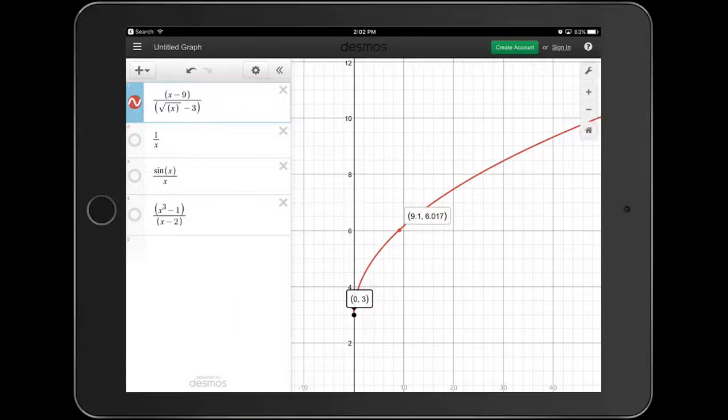So if you look at that, it's very clear that whether you're going from the left bound or the right bound, you do have a missing point there that's undefined, but that point would make sense at 6 if it wasn't undefined. So as you get closer and closer to 9, the y value is getting closer and closer to 6, and then it's undefined, and then the same thing from the right bound.